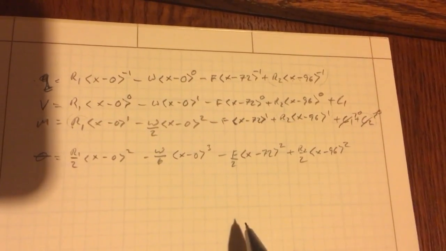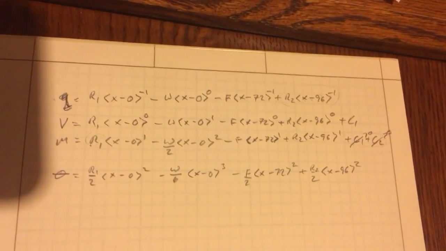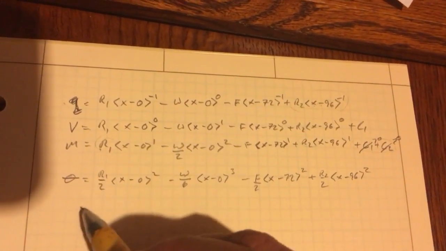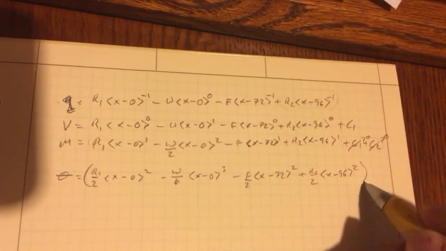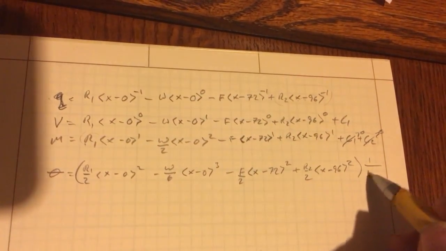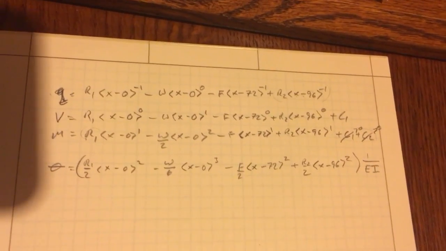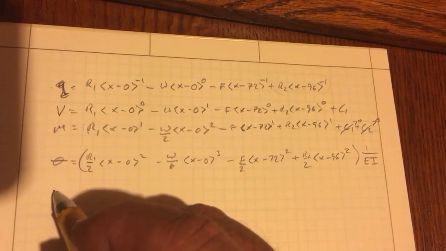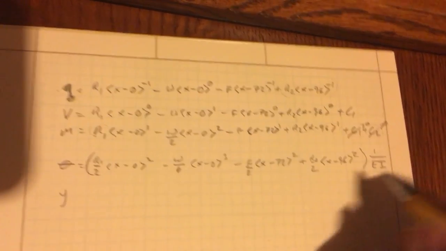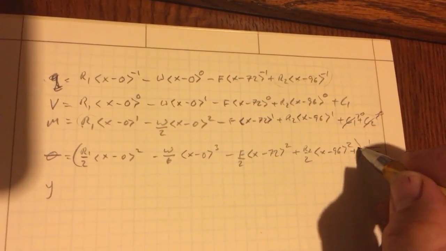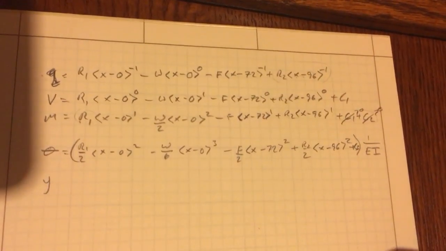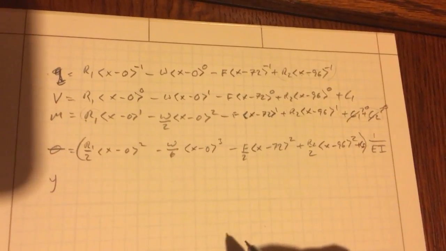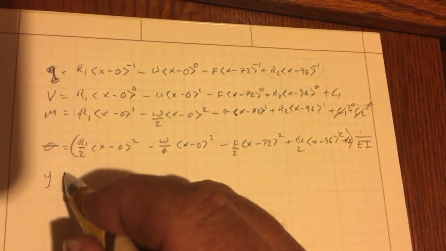And we just leave that off. Oh, and to get to the angle function, we also have the 1 over EI out here. Now, for our deflection, I also have plus C3. And this will probably equal something, so we can't leave it out.